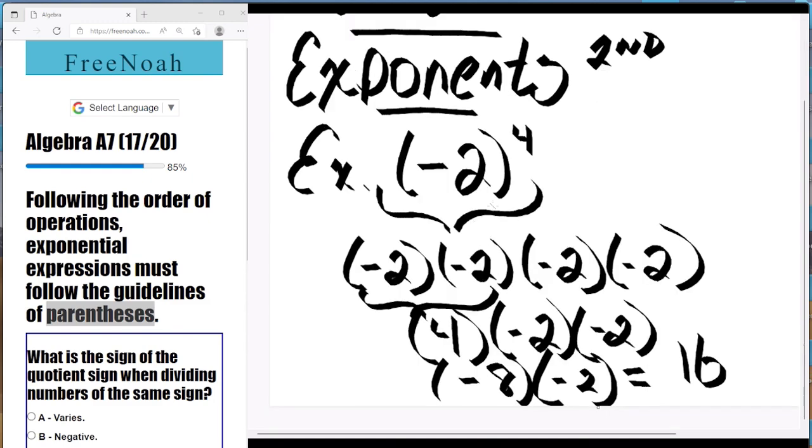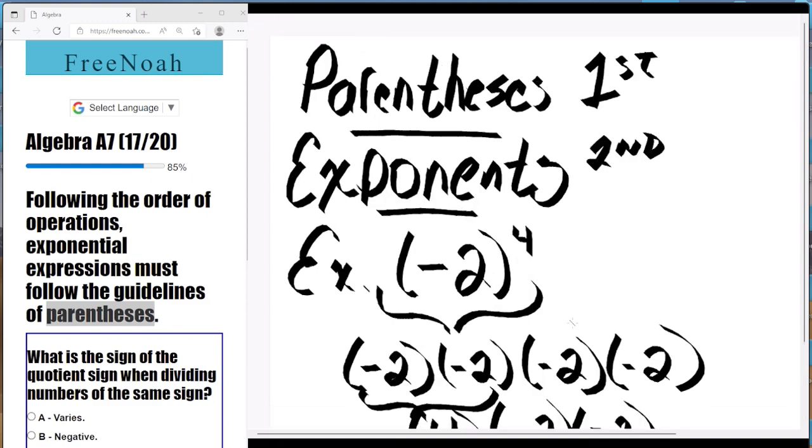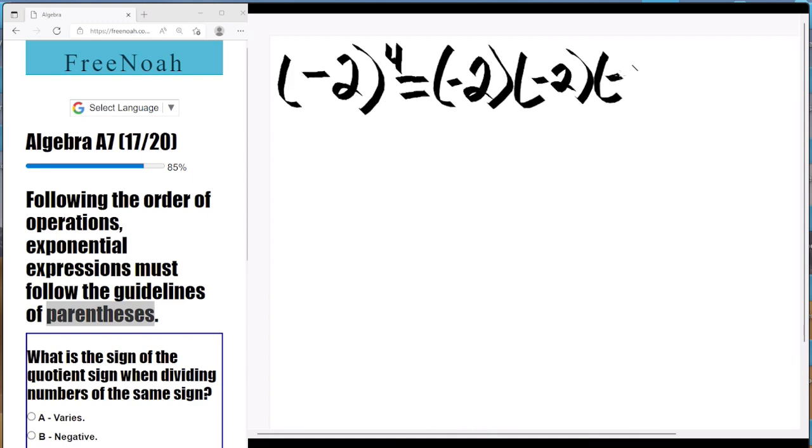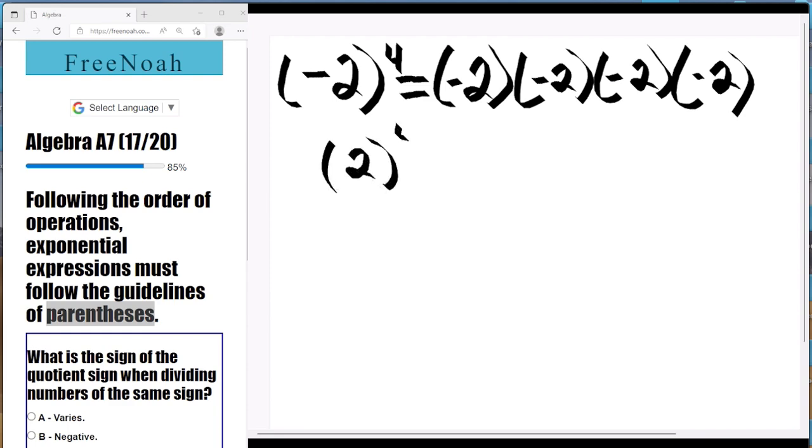So this is the importance of parentheses and staying true to the order of operations. We're going to rewrite our previous example here. -2 times -2 times -2 times -2 equals -2 to the fourth power, right? How about we place this 2 within the parentheses, but we take out this negative sign and leave it outside the parentheses?